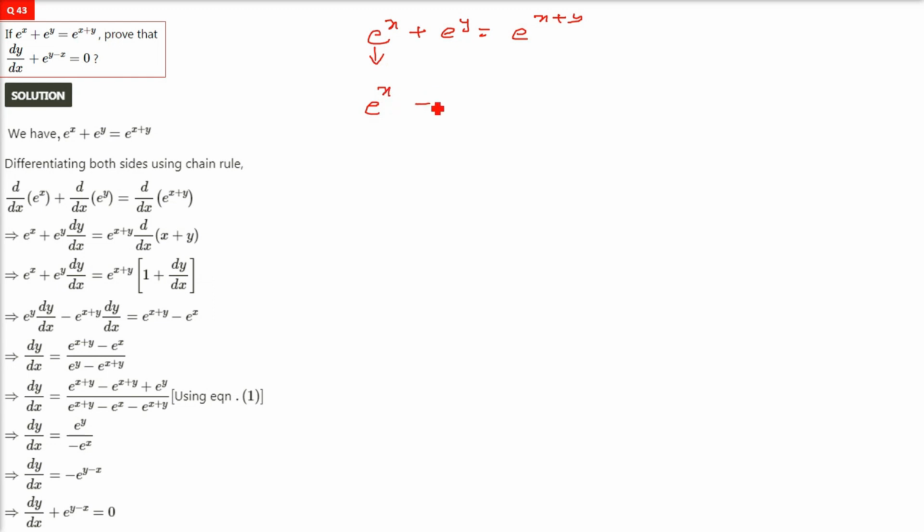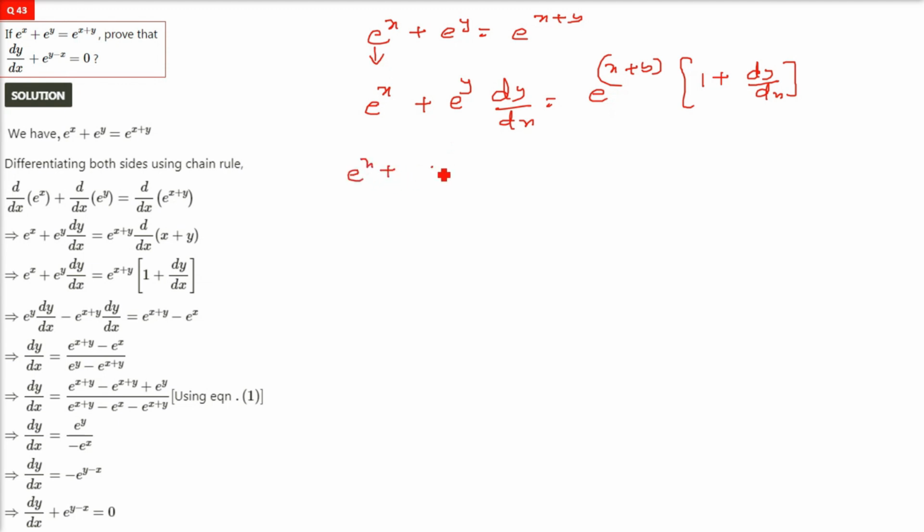So e to the power x, here e to the power y. But we are differentiating with respect to x, so it will be dy by dx. Again here e to the power x plus y, and then differentiation of x plus y, so 1 plus dy by dx. So just multiply this e raise x plus y inside and combine the dy by dx terms together.